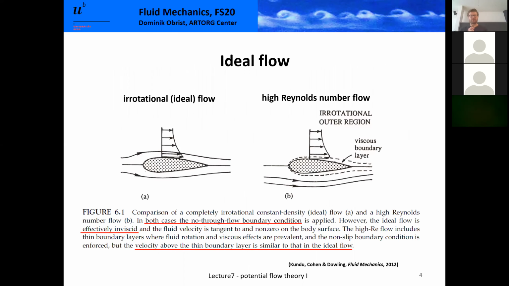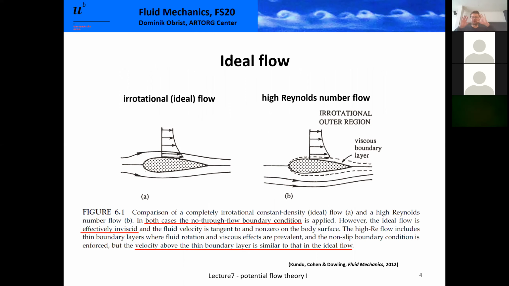So let us compare the original flow, classical high Reynolds number flow on the right-hand side of this slide, with the thin boundary layer and the outer rotational flow, to what we will focus on today.